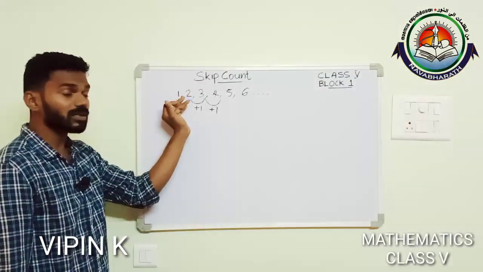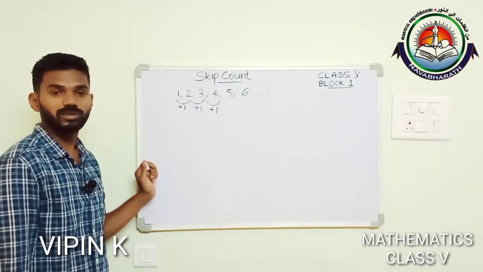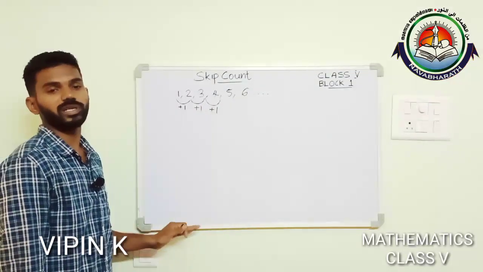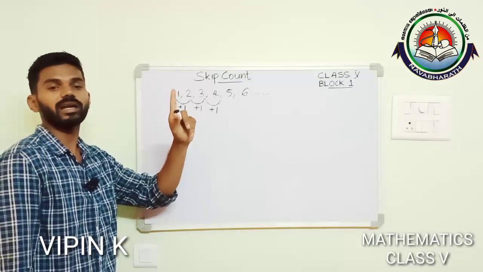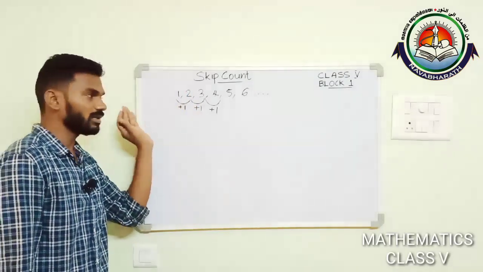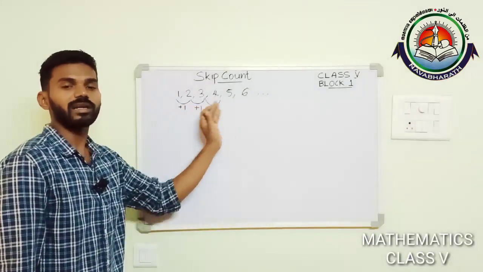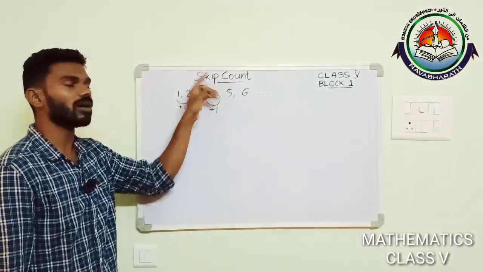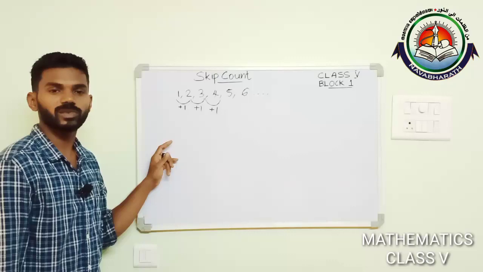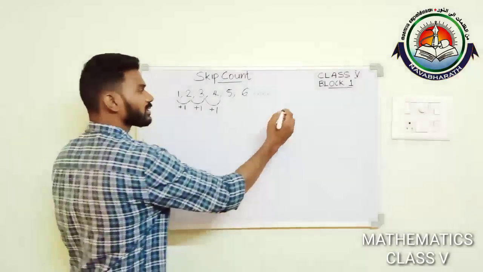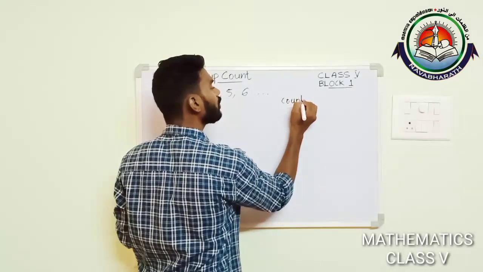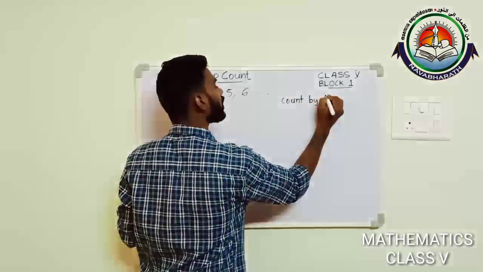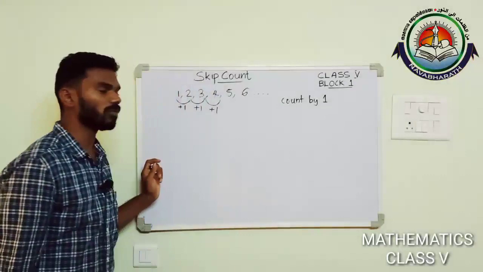So these counting numbers are actually obtained by adding 1 continuously. By adding 1, we get the counting numbers, and as a result you can say it is a count by 1.